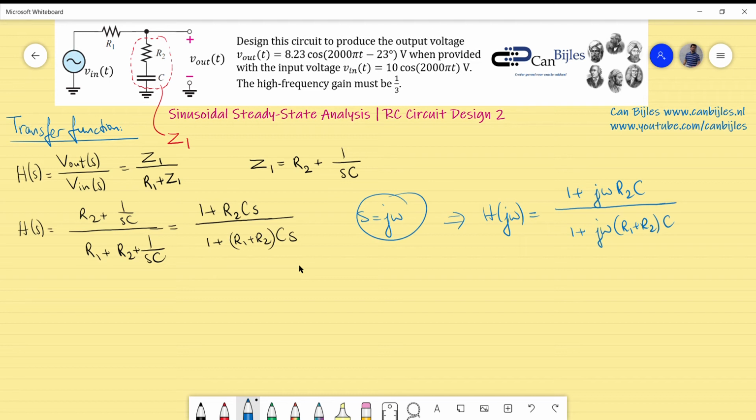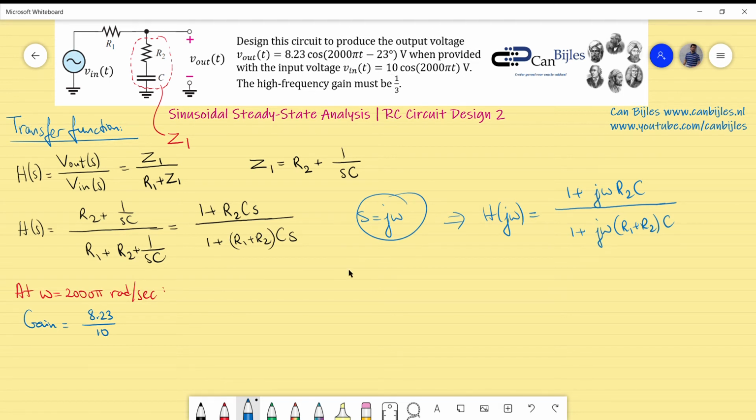We have now the following situation that will be handy when we write it down first. At omega 2000 pi radians per second, we have the following information given. We have a gain, let me write it down, of 8.23 divided by 10, which is actually, at this frequency, a voltage amplitude of 10 volts going in, and it will result in 8.23.